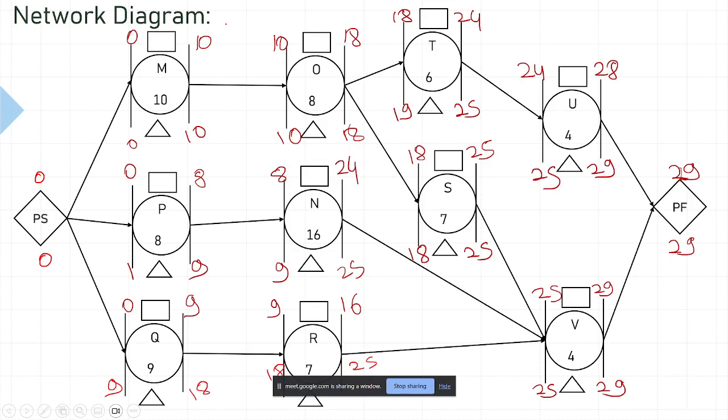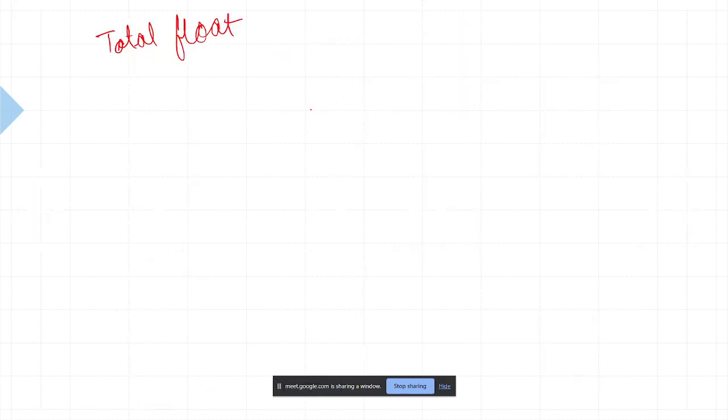For which activity? Let's say I am taking activity R. 9, 16, 18, 25. Okay. Wait a minute.